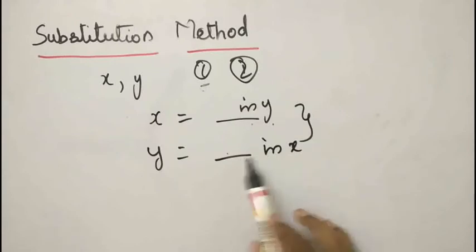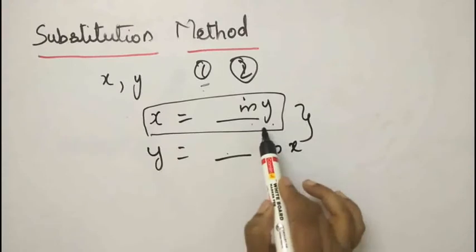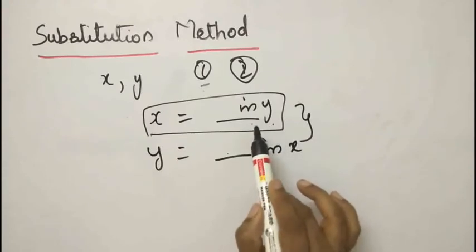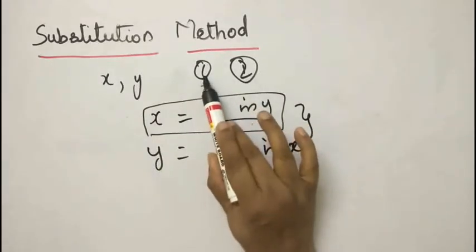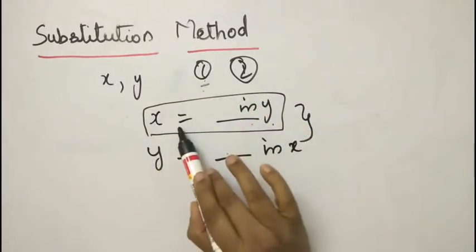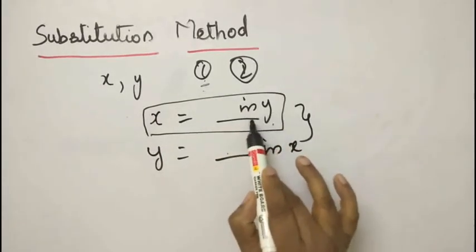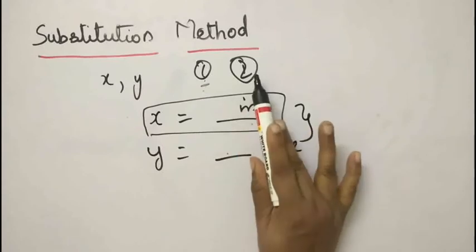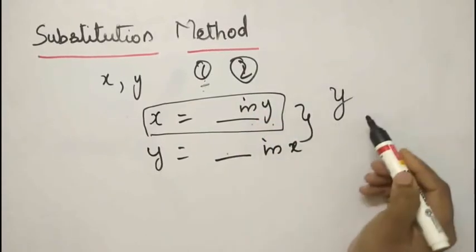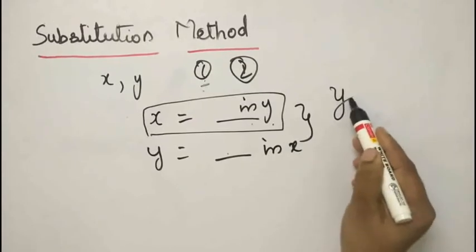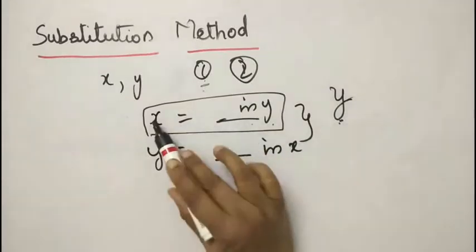If you are using the value of x in terms of y, then you have to substitute it in equation 2, as we have taken equation 1 and written it as x equal to an expression in variable y. Substitute it into equation 2 and you will get the value of y. After getting the value of y, if you substitute this value in this, you will get the value of x.